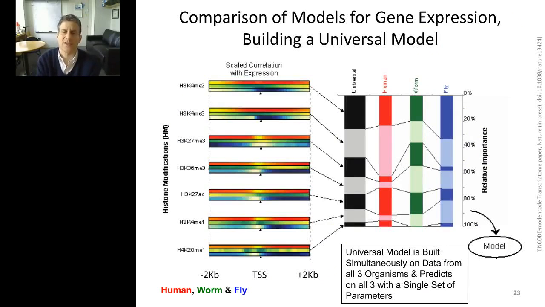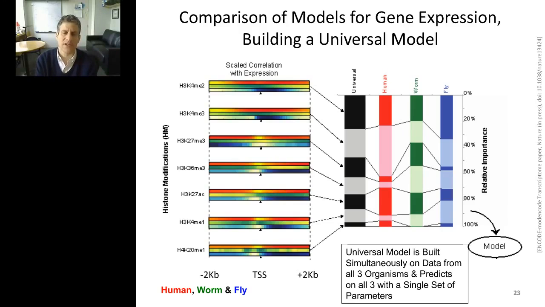That brings us to the idea that maybe we can compare the models that we build, and even go farther and try to build some sort of universal model that will work across many organisms and really represents some basic and ancient features of transcription. That's what I'm trying to do in slide 23.